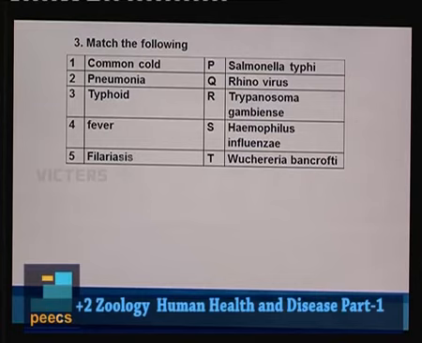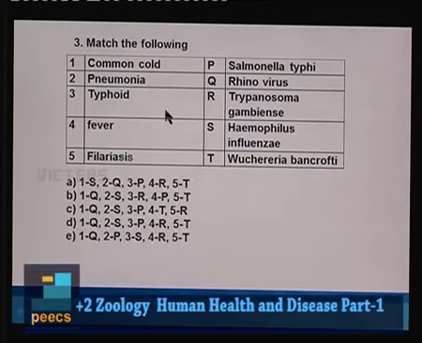So, here common cold, how can you match? The common cold is caused by rhinoviruses. Pneumonia you can match with Haemophilus influenzae. Typhoid you can match with Salmonella typhi, and Gambia fever you can match with Trypanosoma gambiense.